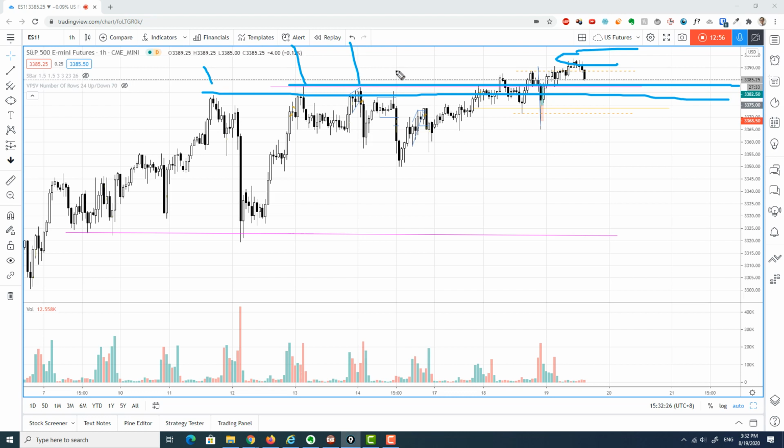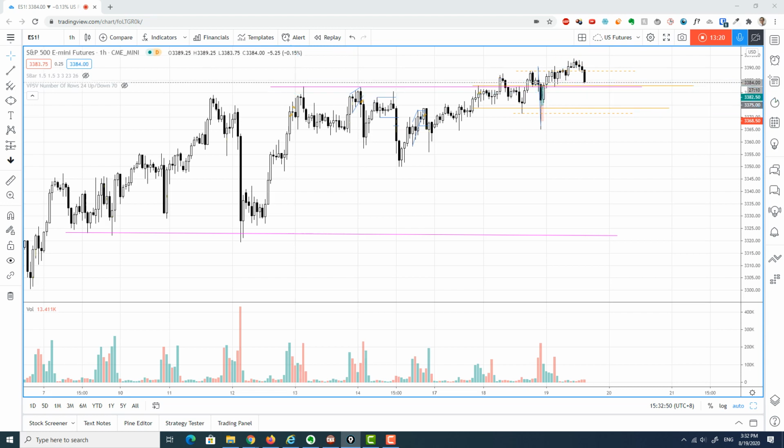You can see that it has been the resistance for quite a number of times, and eventually we have this kind of absorption process and just break out. So now this area will definitely provide some kind of supporting level, and definitely if it comes back and bounces up, then it could become a good long entry.